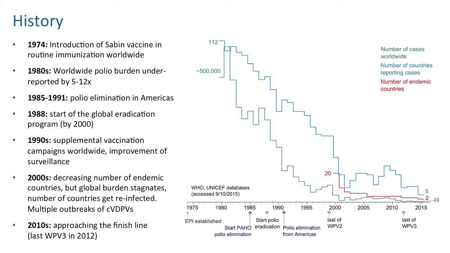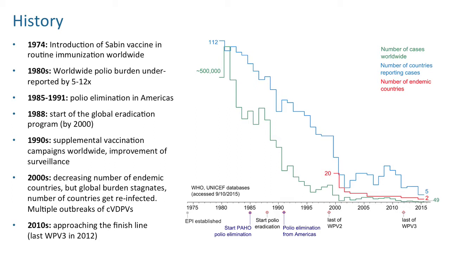So to give a very brief history of polio eradication, I thought I'd put together a simple graph for you that summarizes the total number of countries that report cases per the WHO database. That's the blue curve. The estimated number of cases globally is the green curve. You'll notice that I give an estimate of 500,000 infections in 1980, but at the time the number of reported cases was in the 40,000.